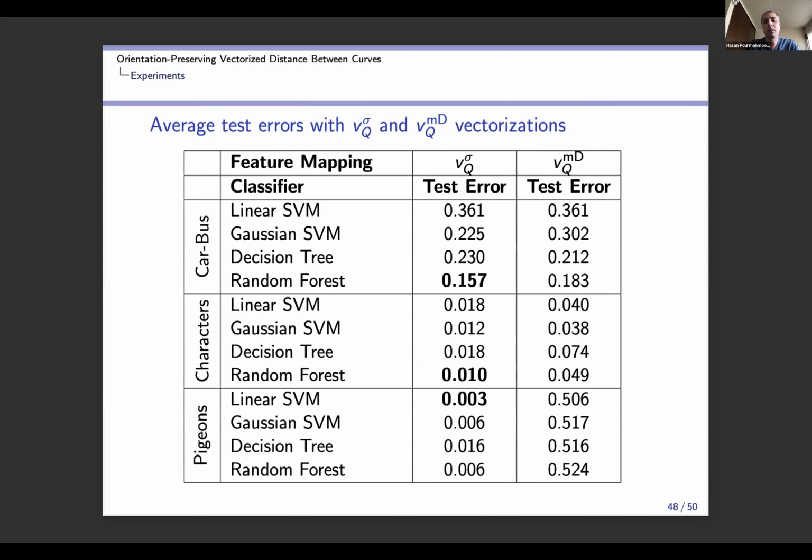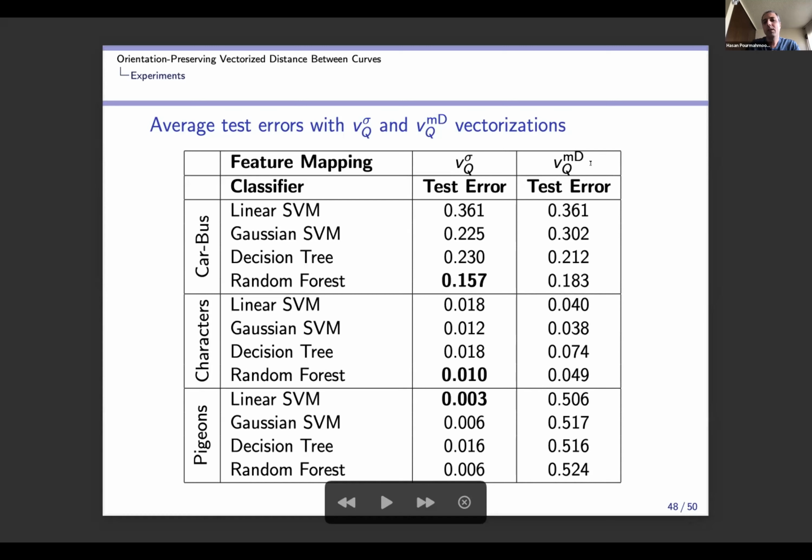And we want to see if we can detect the direction of the curve. It means whether a pigeon goes from A to B or B to A. Okay, and as you see, we've got the best training and test errors with the VQ sigma featurization.